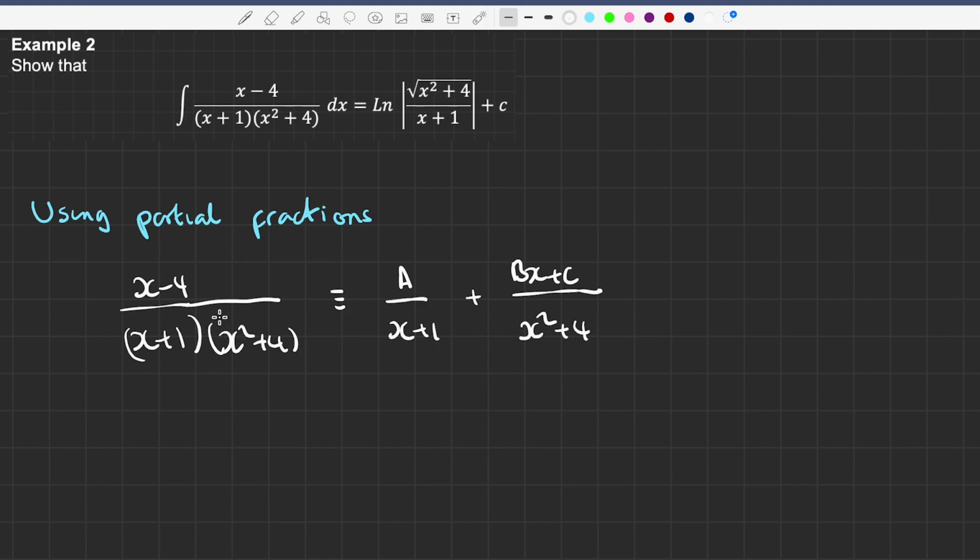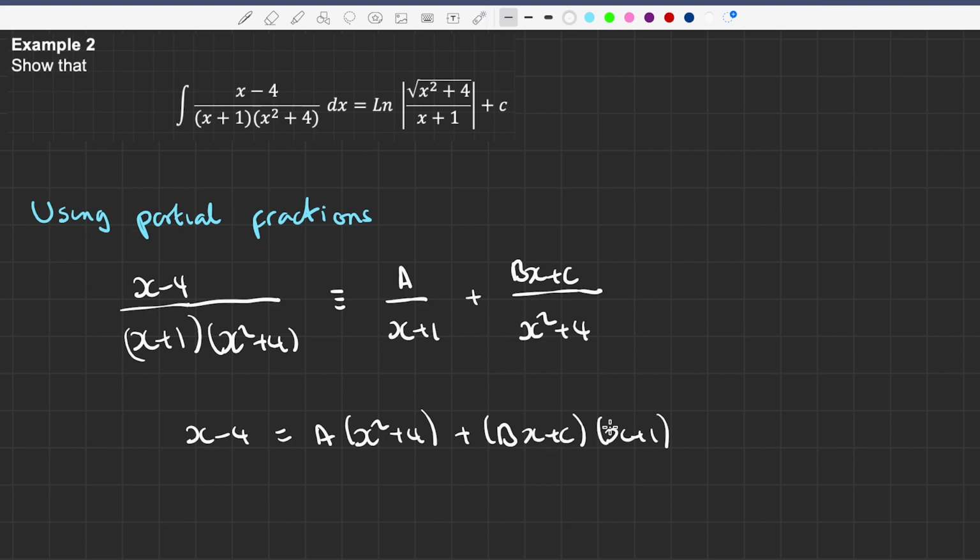Now we'll multiply everything by this denominator, so we get x minus 4 is equal to a, and when you multiply this by this, the x plus 1s will cancel, so we've got a times x squared plus 4, plus bx plus c, and when we multiply this by all of this, the x squared plus 4 will cancel, so then we get x plus 1.